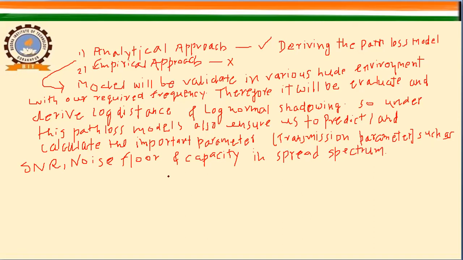So the pure analytical approach for calculating the path loss model is incorrect because of the many immature assumptions made to reduce the derivation's complexity.